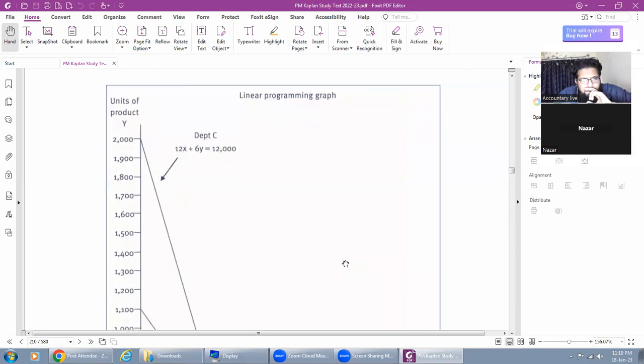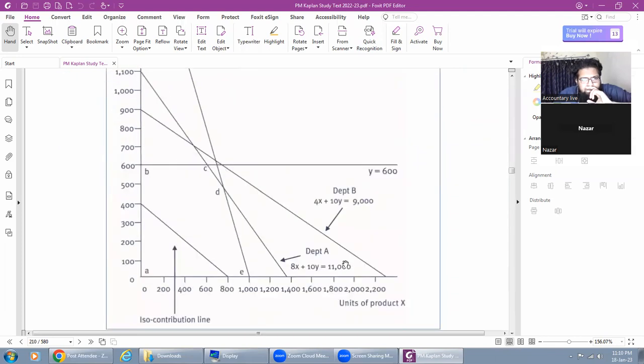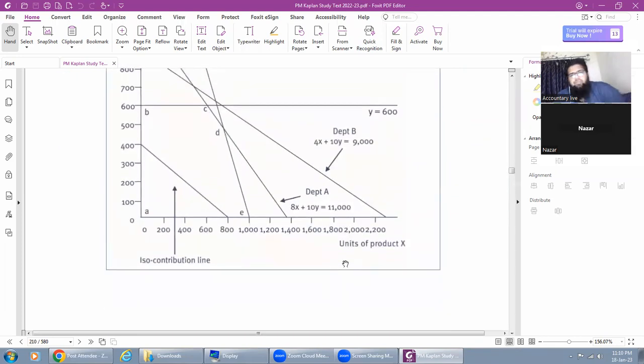Now there is a graph. We have the units of product X here and the units of product Y here.